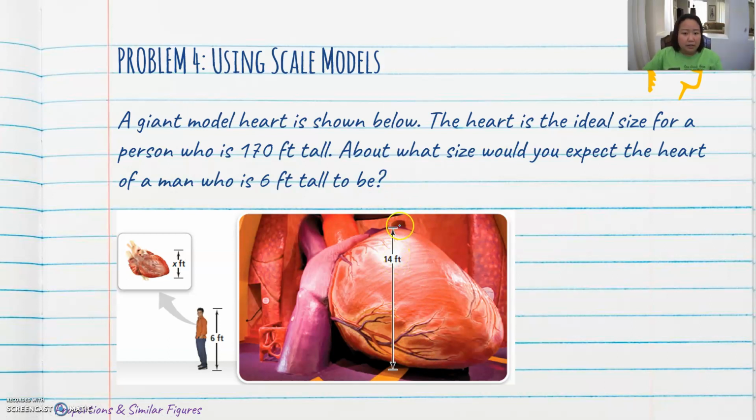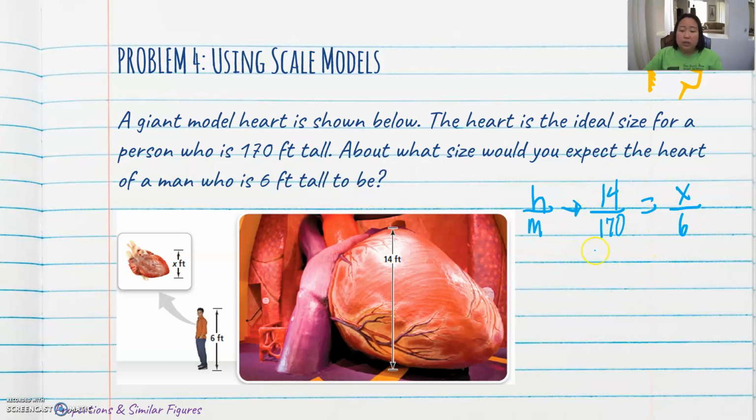The big heart is 14 feet and the height is 170. Yes, that is a giant guy. And then the heart of the 6 feet guy is unknown, so that is our x, and the height of that normal guy is 6 feet. That is how you will set up your proportion.